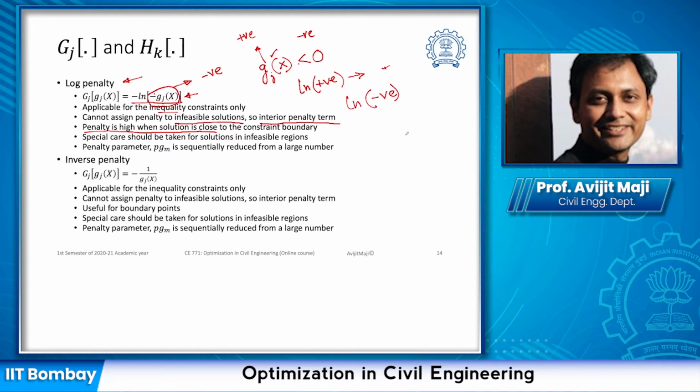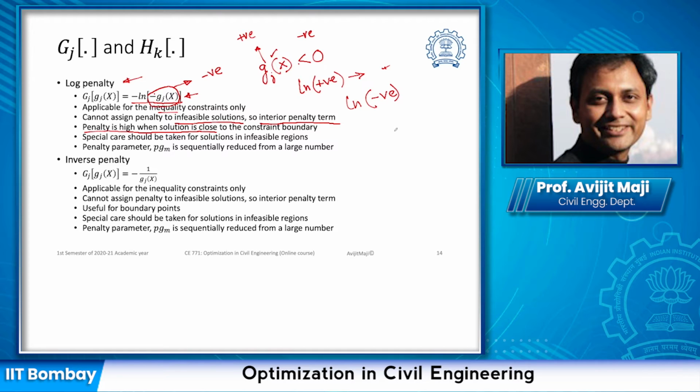But if the value is high, then the penalty is going to be low. It helps when we want the solution not very close to the boundary, rather we want the solution to be off the boundary, or far off the boundary.